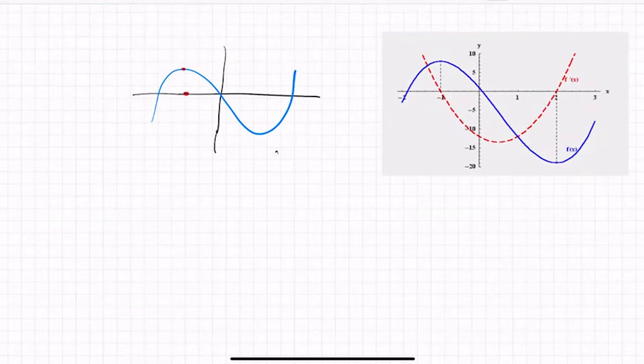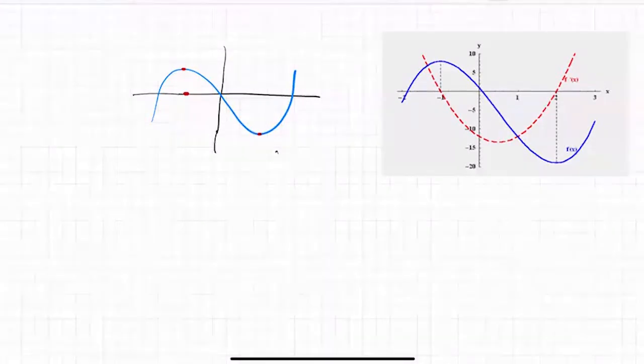You know that your derivative is going to have a slope of 0 because it's a max turning point. You know here your dy dx, your red curve, is going to have a slope of 0 because it's a min turning point. Between those 2 points, I know that my slope is negative, so my derivative comes below the line.